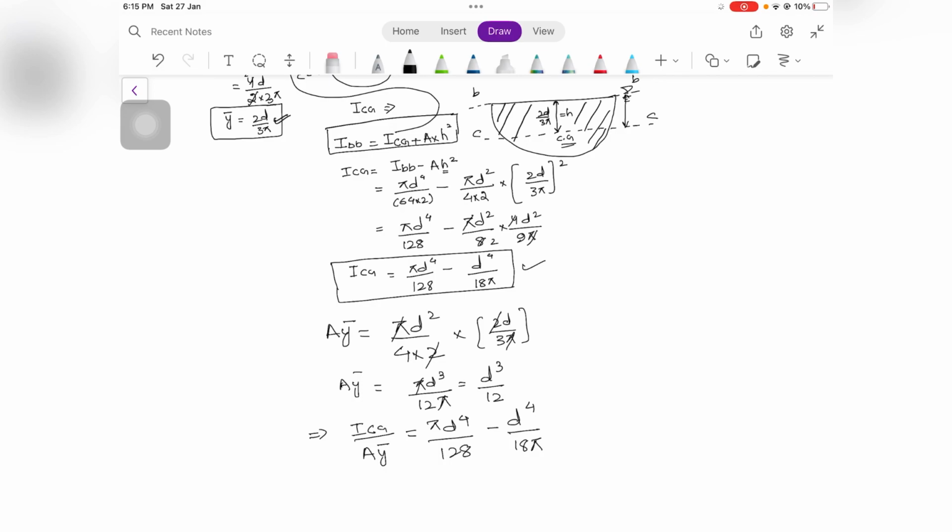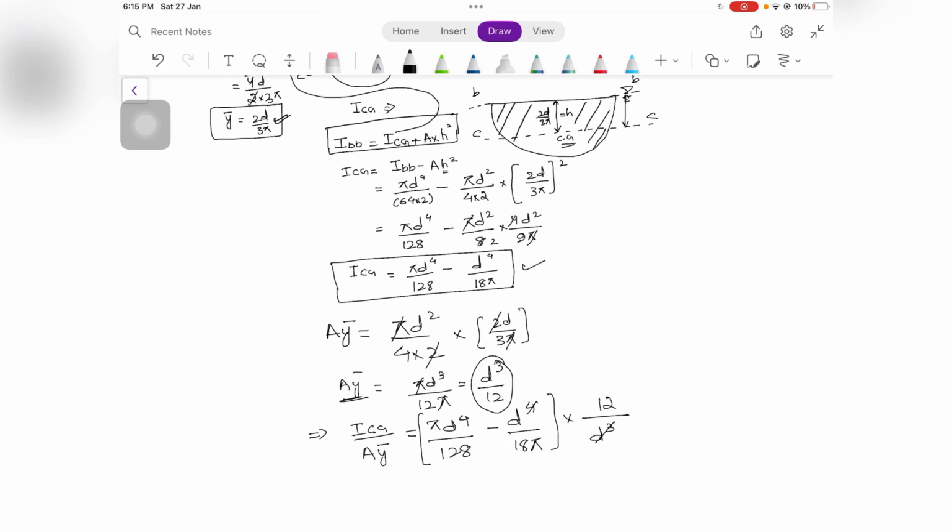Then this whole entire ICG is divided by this factor of A y bar, which is d cubed upon 12.